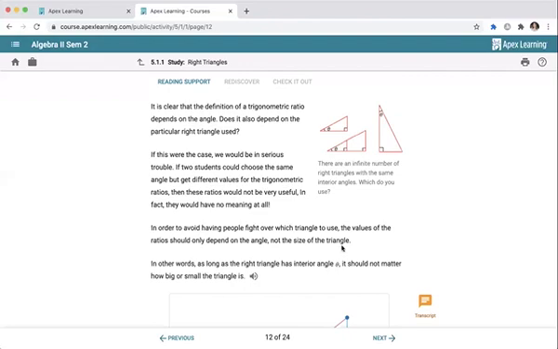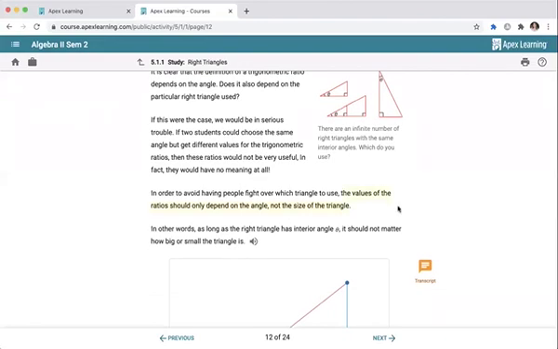But of course, like I said, the values should depend on the angle. All right. So again, you could have multiple triangles that have a similar side length, but of course it's always going to depend on the angle.